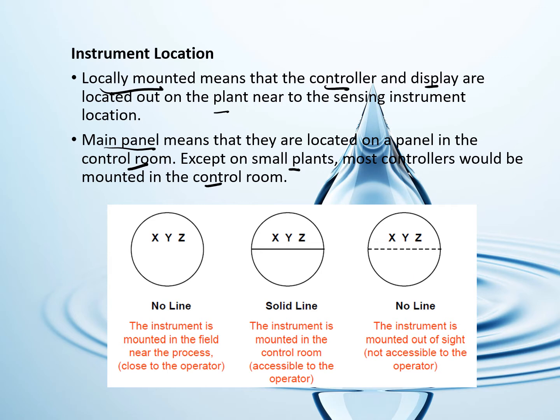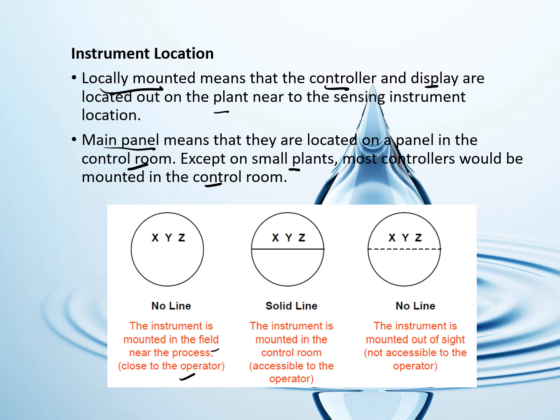Basically we have three types of symbol that denote the location of the instrument itself. If you notice that the symbol doesn't have any line inside the circle, the instrument is mounted in the field near the process, close to the operator.